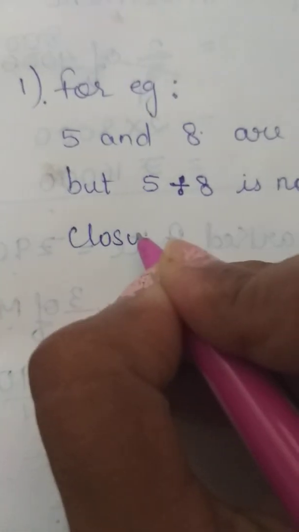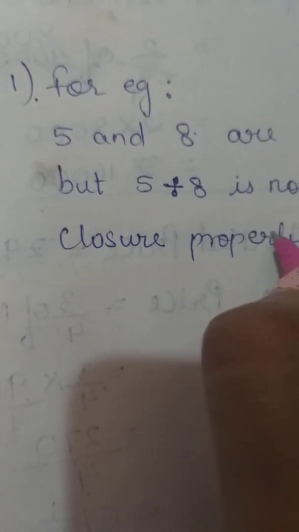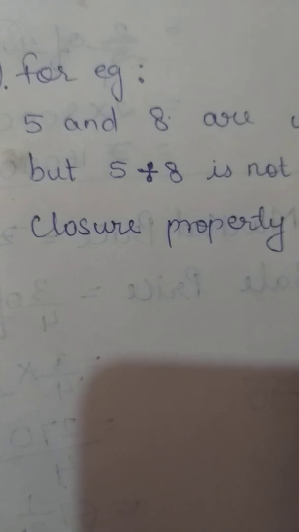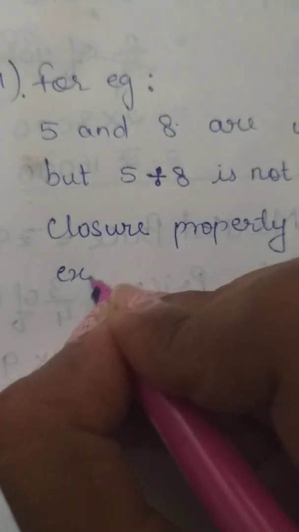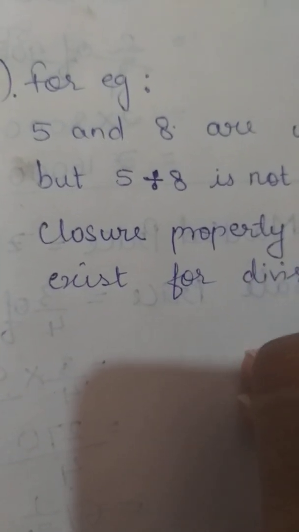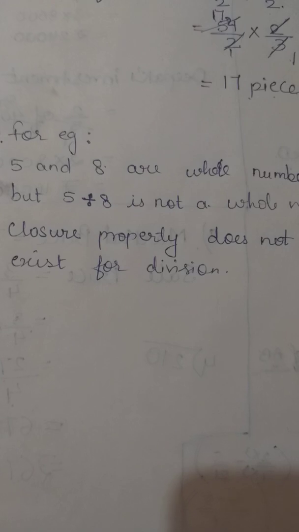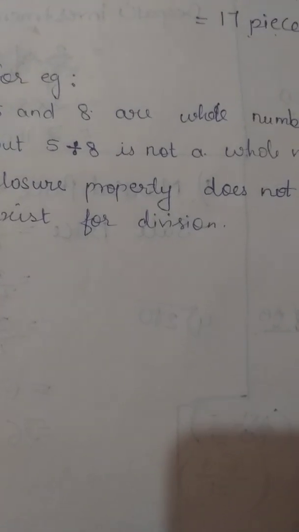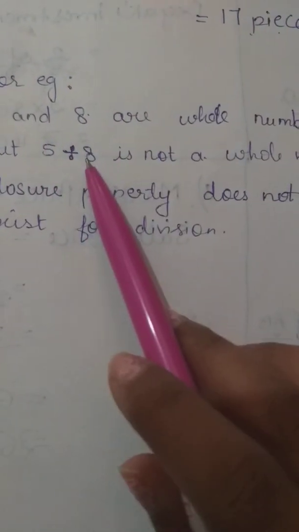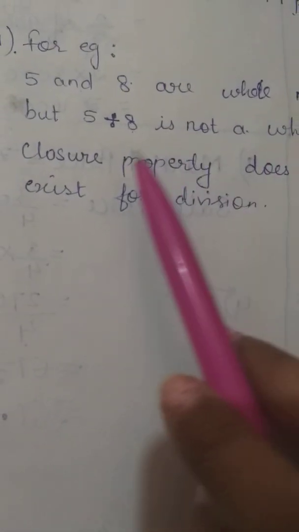So I'll write closure property does not exist for division. See here students, whether closure property is applicable for division. It is not, because when 5 is divided by 8, the answer is not a whole number. So closure property does not exist for division.